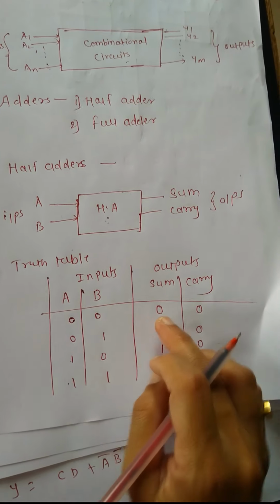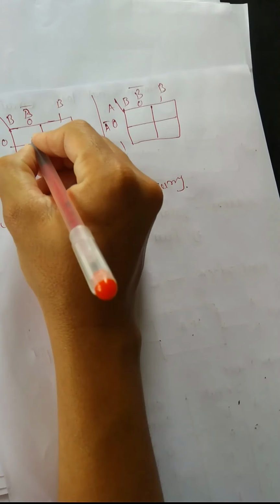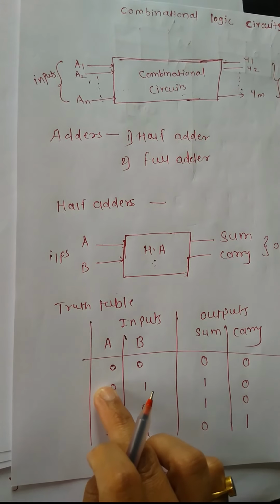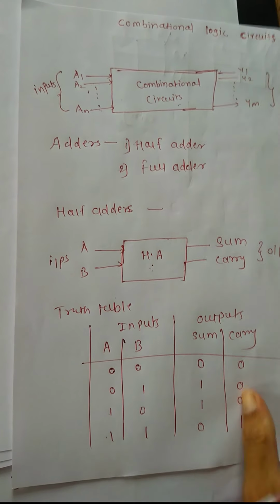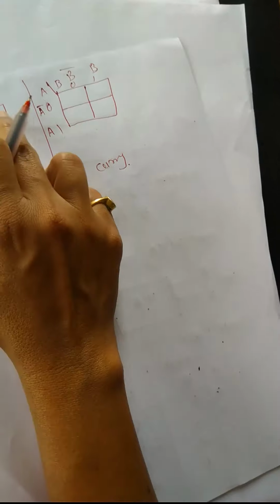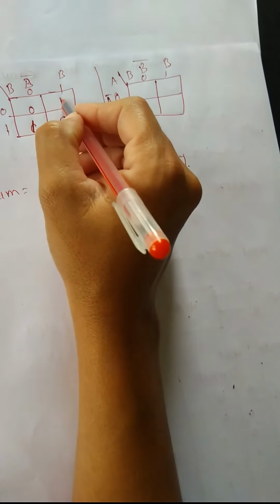For sum, A 0 B 0, sum is 0. Next, A 0 B 1, sum 1. Next, A 1 B 0, sum 1, and A 1 B 1, sum is 0. From this you have to design the equation.